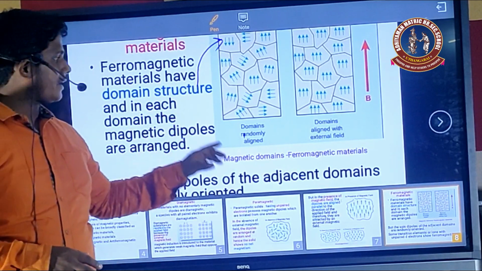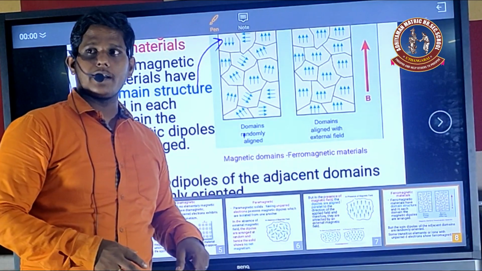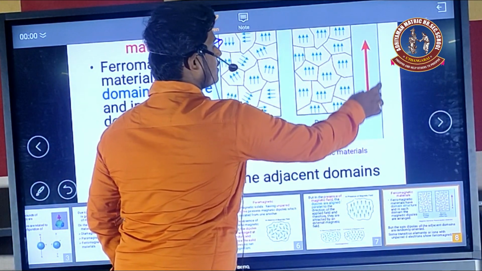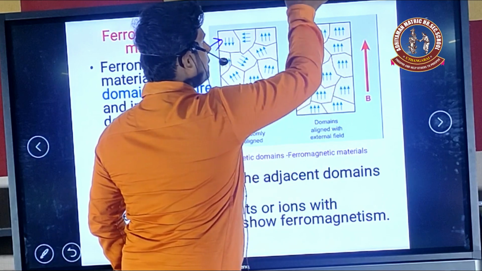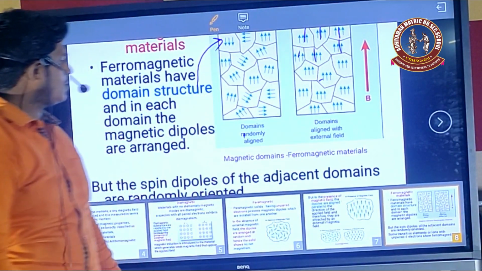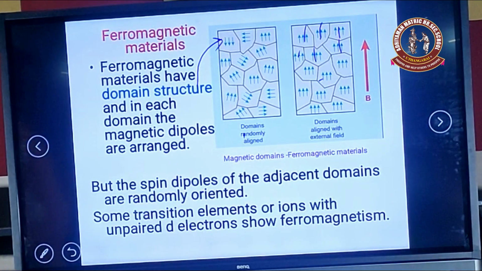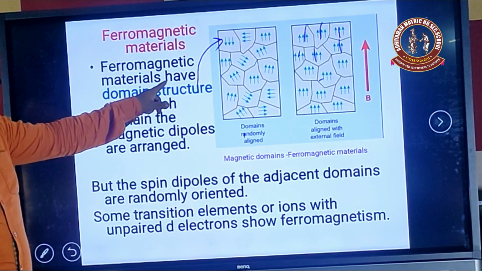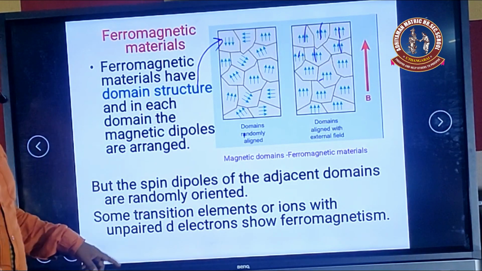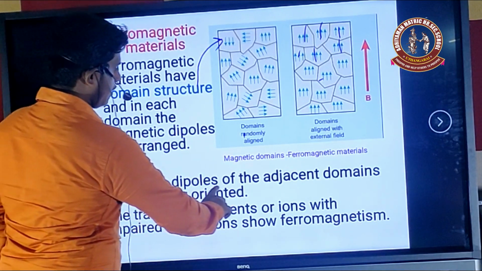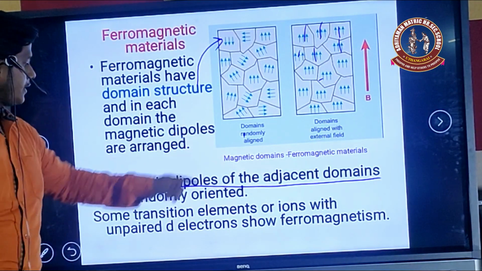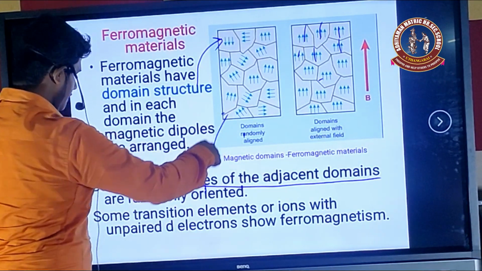Now you apply the external magnetic field, and the domain structures become parallel to the magnetic field, all in the same direction. In ferromagnetic materials, the spin dipoles of adjacent domains are randomly oriented.